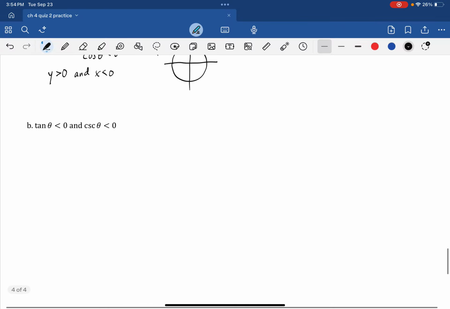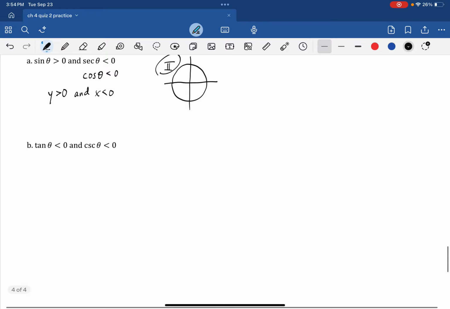Second question has tangent theta less than 0 and cosecant theta less than 0. Well, if cosecant theta is less than 0, then that means sine theta is less than 0, right? And tangent theta is less than 0 tells us something a little different. It tells us that sine and cosine have different signs, okay?